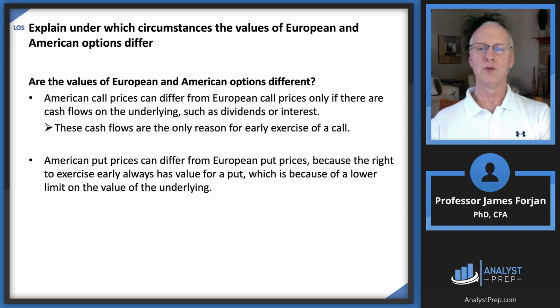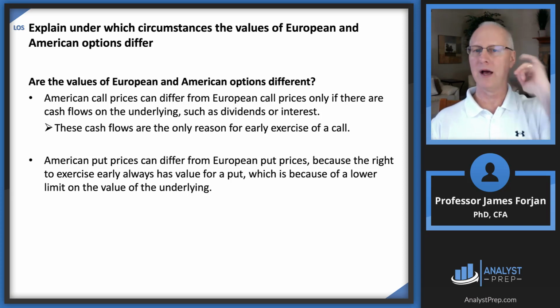Well, suppose that you know that the cash flows from the underlying asset, whether it's a share of stock with a dividend or a bond where you get interest, mean you may want to exercise the option early, either to receive those payments or to get away from having to pay those payments, right?